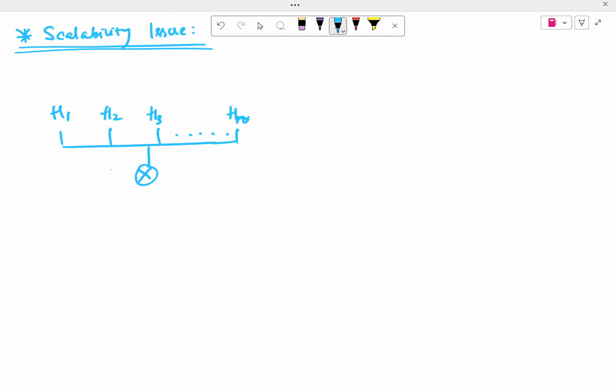All these hosts will have their own IP address. So it will be like IP1, IP2, IP3, IPN.